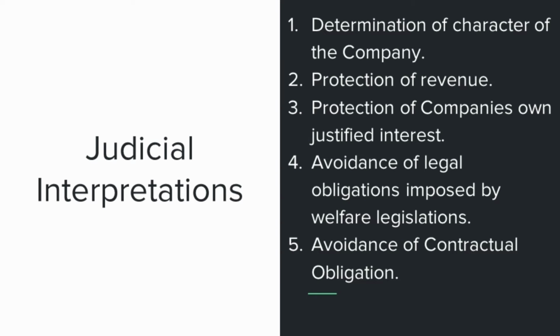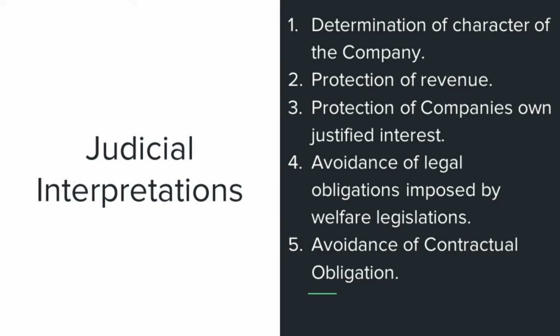Sometimes a company itself wants its separate entity to be ignored and treated alike with the members. The company itself is asking the court to treat it as being in consonance with the members. In such cases, the court may lift the corporate veil.